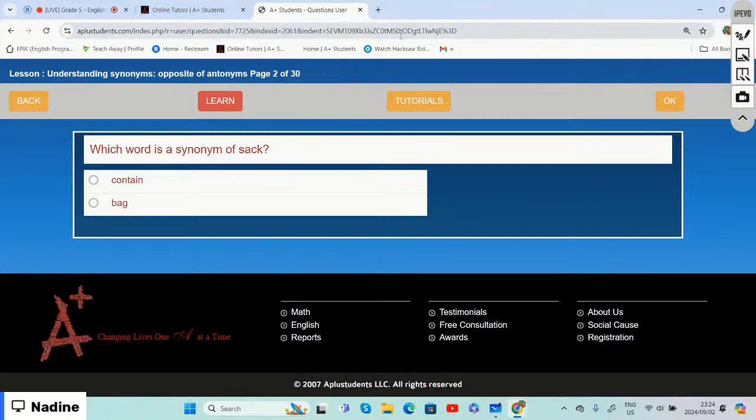Which word is the same as, or almost the same as sack? Is it contain or is it bag?